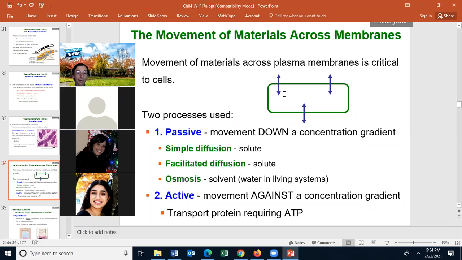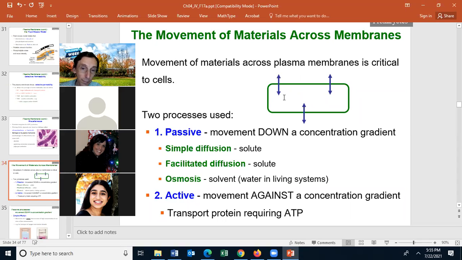You can also have osmosis moving into the cell. Osmosis is water, and when it moves across the plasma membrane, we call it osmosis. Osmosis is different because the movement of water is critical to cells, and water is not a solute.